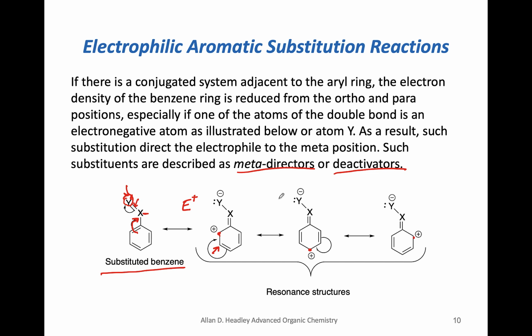The previous ones were called ortho-para directors because they direct the incoming electrophile to the ortho and para positions, but mostly to the para position, and they are also called activators.